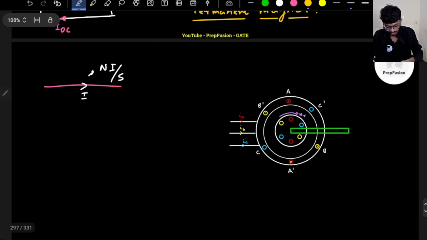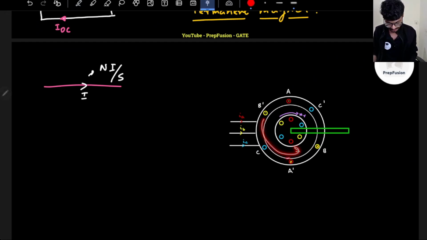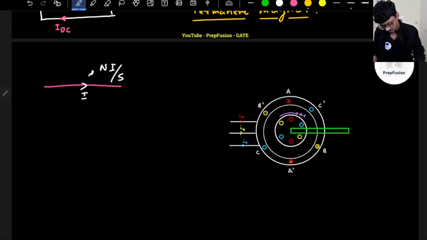If it's exiting as a dot from one end, it will be a cross on the other end. So if I observe, the magnetic field is incoming in this region and outgoing here. If I curl my fingers, the axis of the magnetic field will be somewhat like this, along the C dash. Just curl your right hand, you will understand.